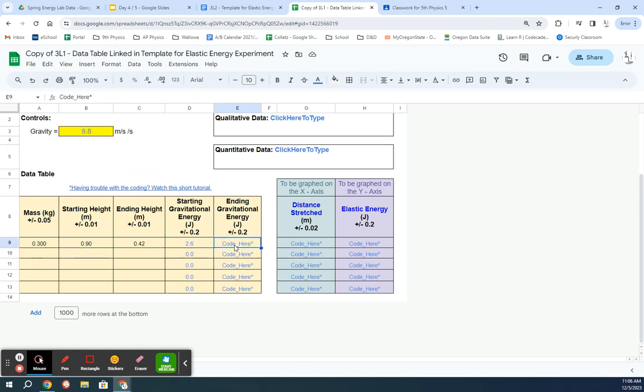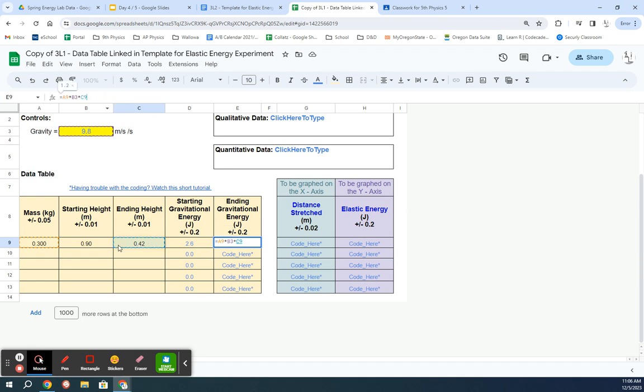All right, next one we want to look at is ending gravitational energy. And again, we're going to start off with an equals. We're going to click our mass, shift 8 to get the multiply, our gravity, shift 8 to multiply, and our ending height this time.